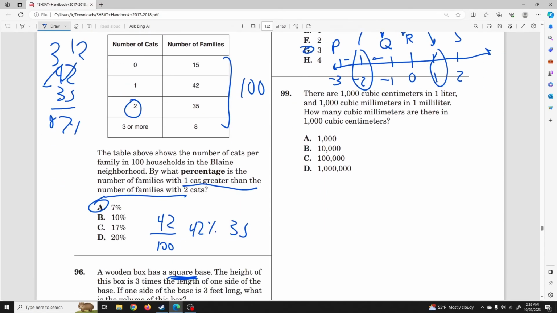There are 1,000 cubic centimeters in 1 liter. And there are 1,000 cubic millimeters in 1 milliliter.